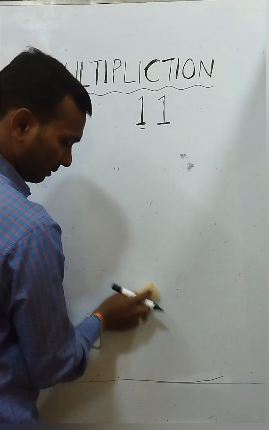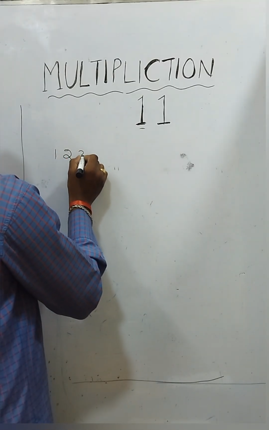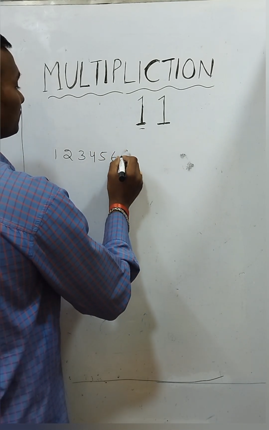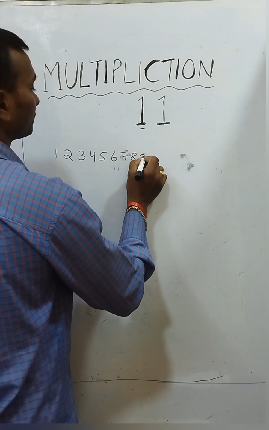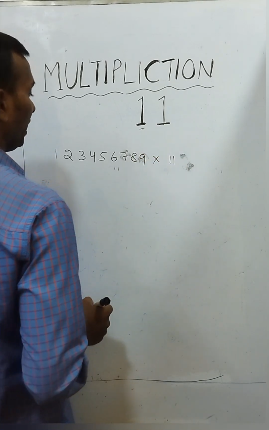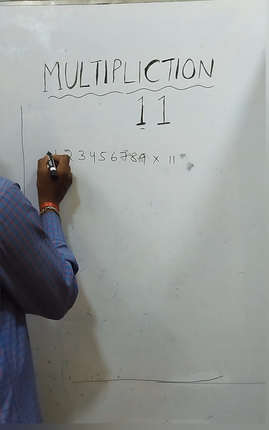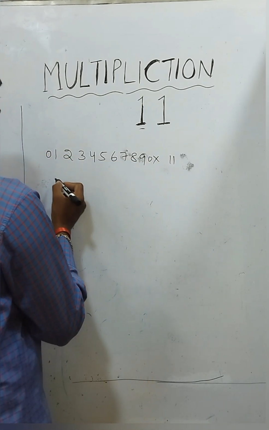I will give you one more example. For example, if you want to multiply 1, 2, 3, 4, 5, 6, 7, 8, 9 into 11. First we will put 1 0 here, 1 0 here.